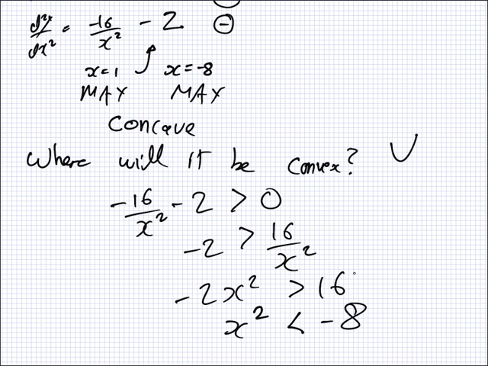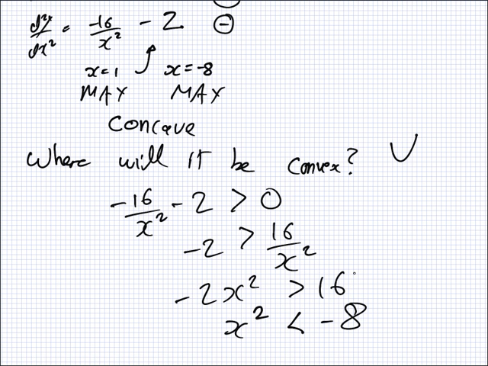Now you realise we have a situation where we cannot find an x that can do this job. Why? Because square is minus. When you square the x, you get a positive, which can certainly never be less than minus 8. The domain, it can't be there also. It's logs now.